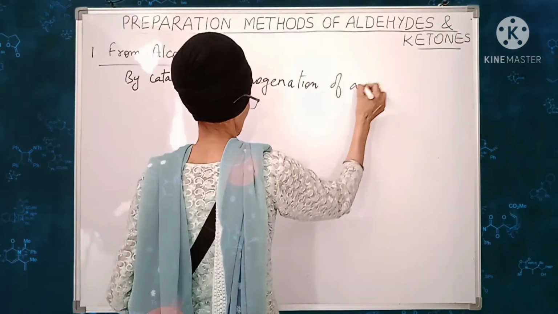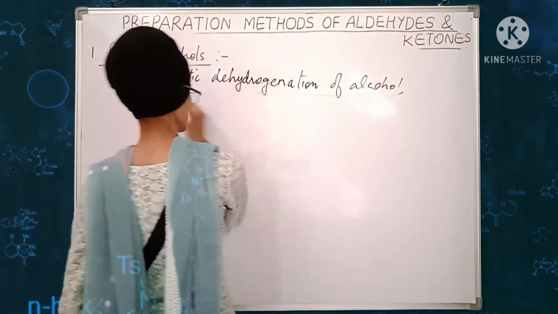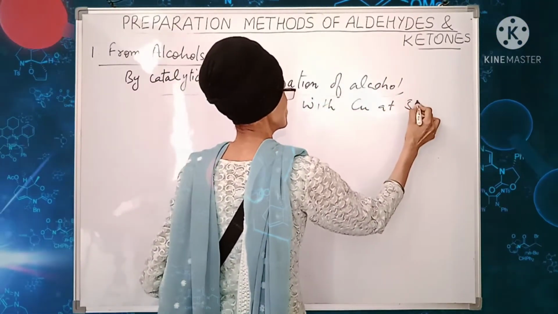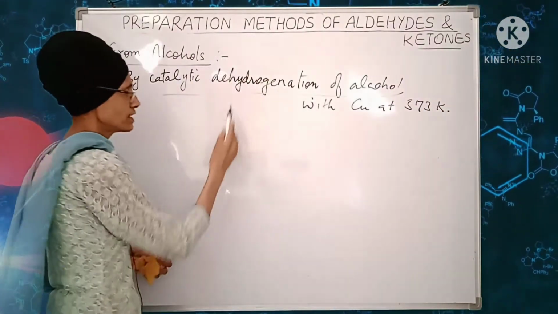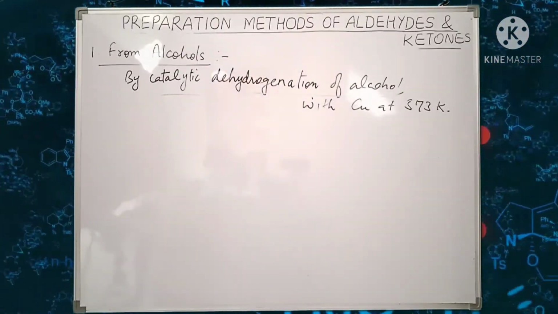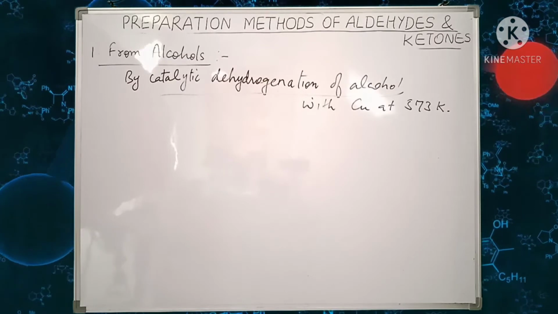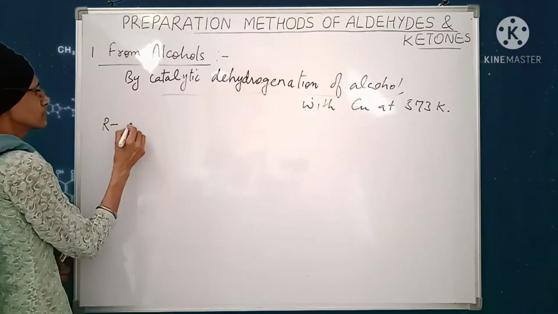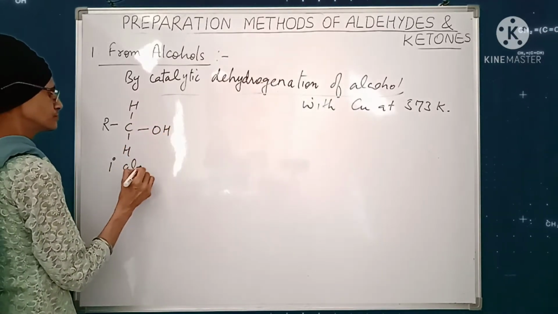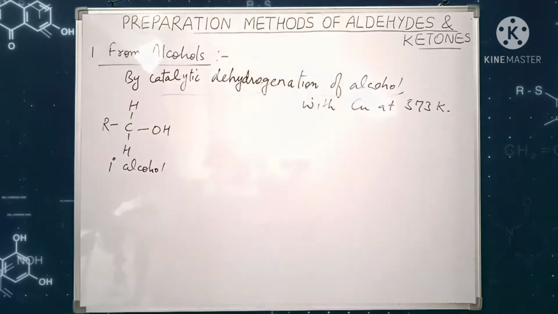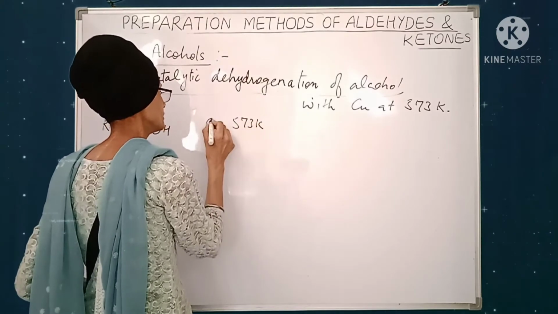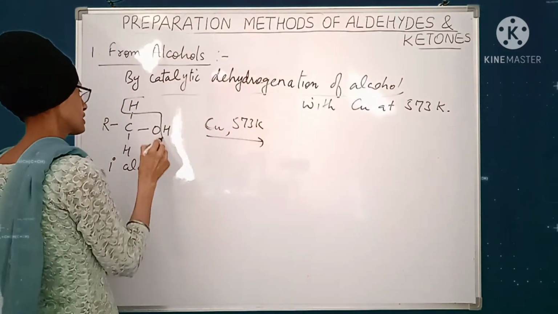In this method we treat alcohols with copper at 573 Kelvin, and they undergo dehydrogenation, meaning H2 is taken out from them and they change into the corresponding aldehyde or ketone. You can see here it is a 1-degree alcohol. When treated with catalyst copper at 573 Kelvin, this hydrogen is taken out.